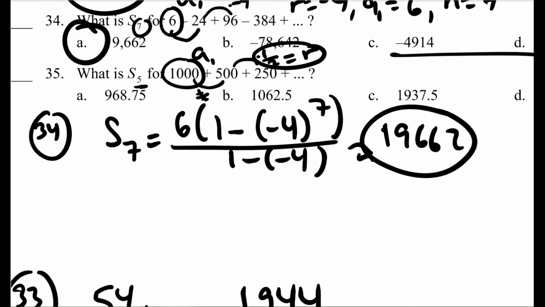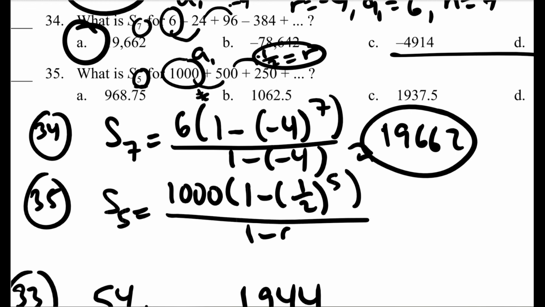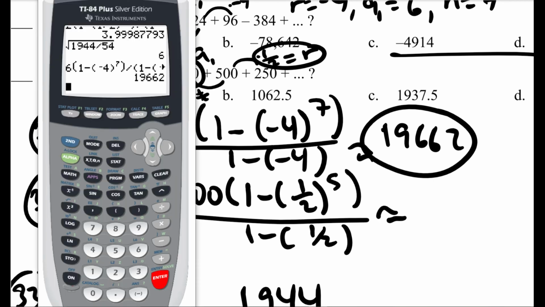And A1 is 1,000. So let's plug it into the formula just like we did for number 34. So S5 equals A1 times 1 minus r, where r is a half, raised to the, in this case, n is 5, over 1 minus 1 half. Plug that into the calculator.